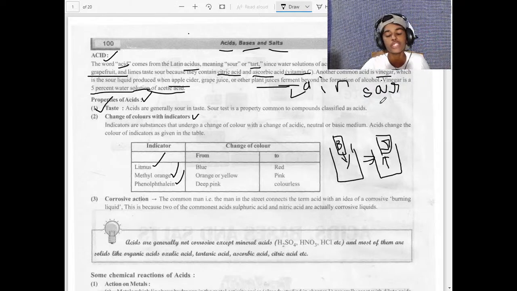Push for two seconds only, and pull it. The color changes from blue to red.